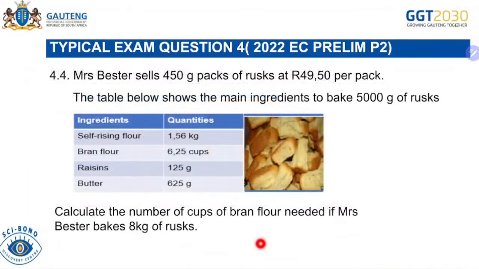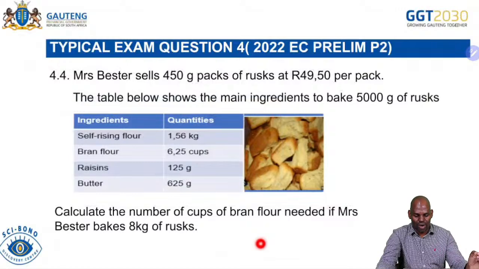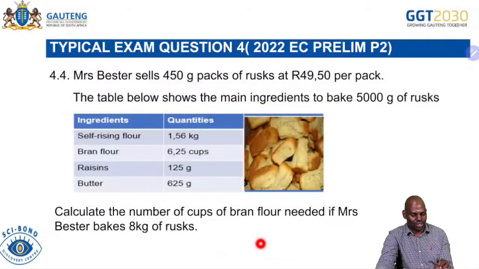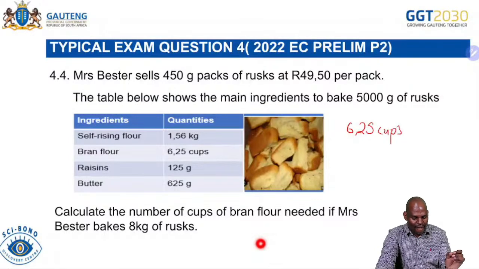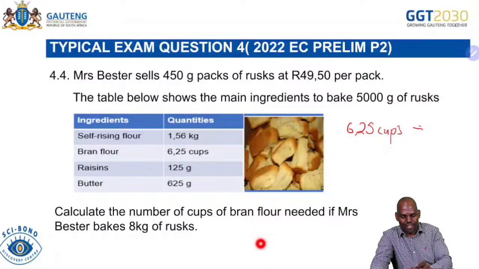Okay, then the next one is: calculate the number of cups of bran flour needed if Mrs. Bester bakes 8 kilograms of rusk. So in this case, friends, we need 6.25 cups for 5,000 grams.